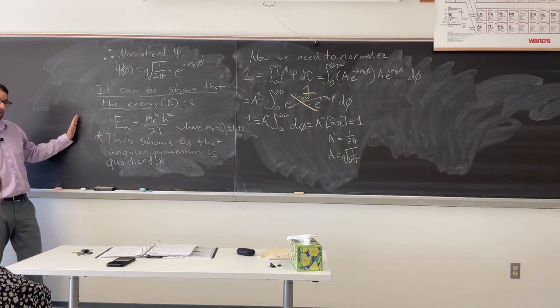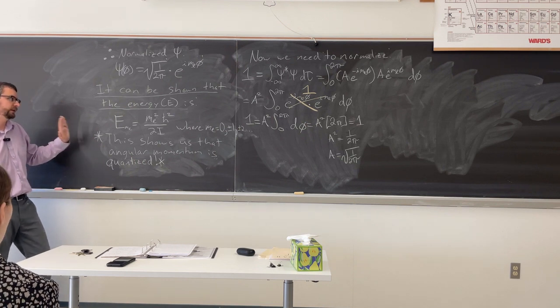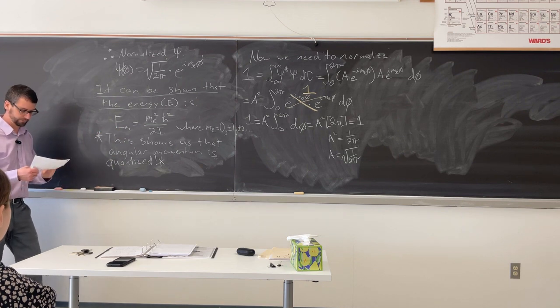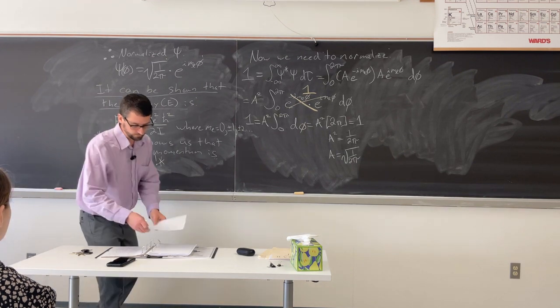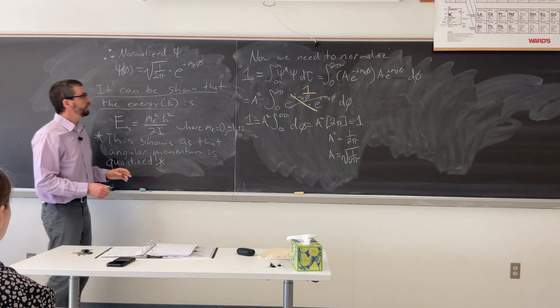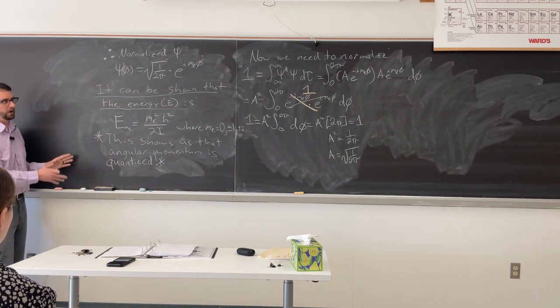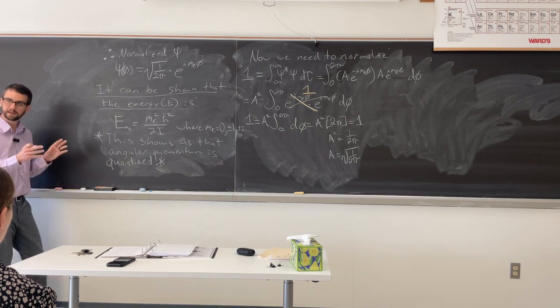In quantum particles, such as molecules or atoms, that's why this thing works out, because there's discrete values for it. Are there any questions about the wave function, normalizing it, anything about particle on a ring right now?